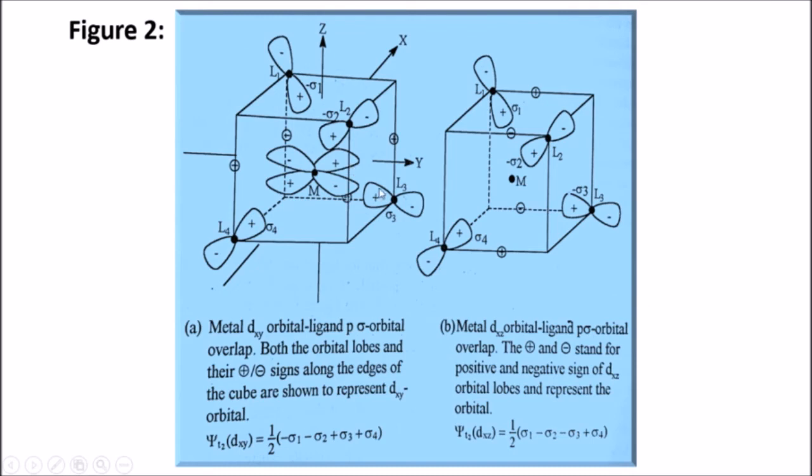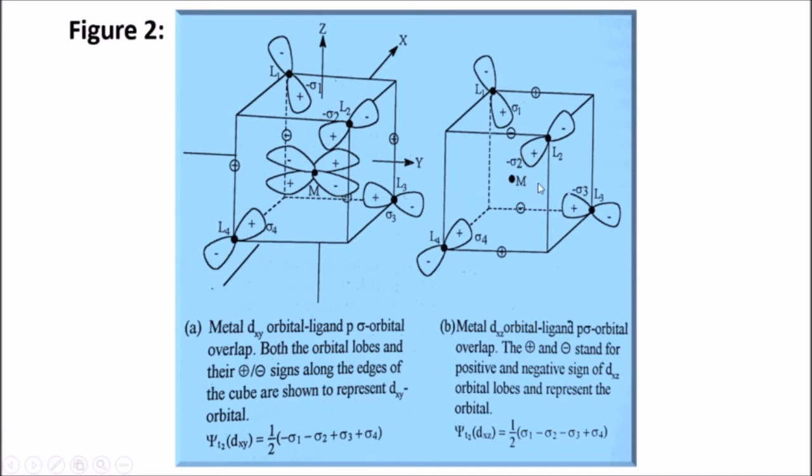Ligand 3, because it is on the back side while this is the front side, has a plus-plus interaction, and ligand 4 also has a plus-plus interaction. This will represent the BMO, and it will show this as anti-BMO. 1 and 2 are going to plus, 3 and 4 are going to minus, and that is how the plus and minus signs are represented on the edges of the cube shown to represent the dxy orbital.